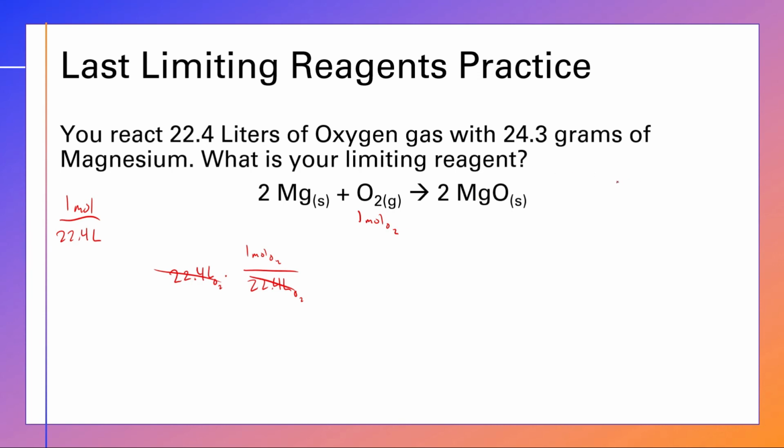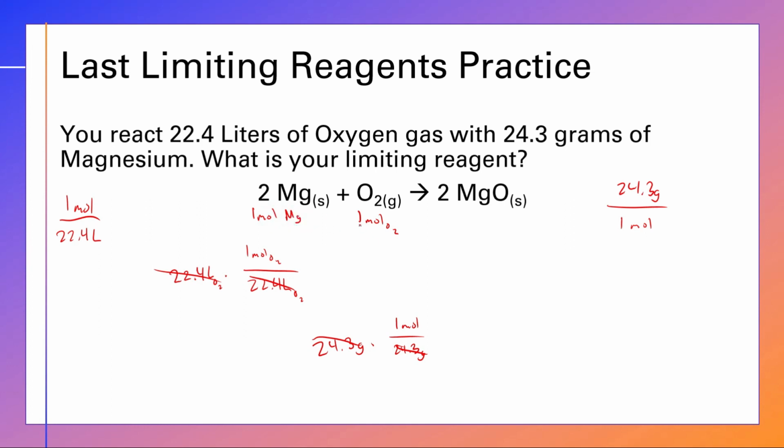24.3 grams also happens to be the molar mass of magnesium, which is in grams per 1 mole for magnesium. We have 24.3 grams times 1 mole per 24.3 grams. And yes, I did round it off. These will also cancel out, and we're left with 1 mole of magnesium.